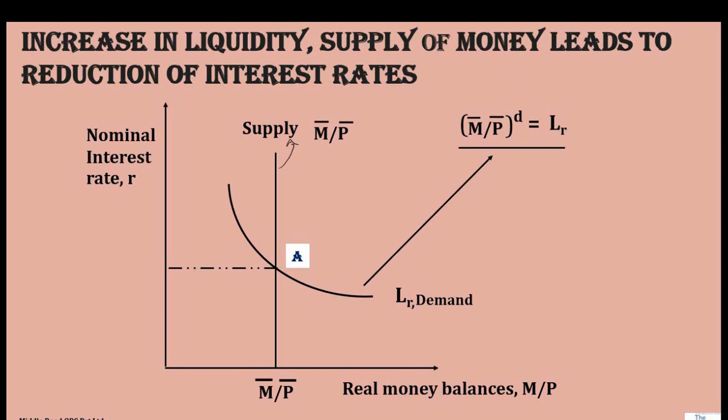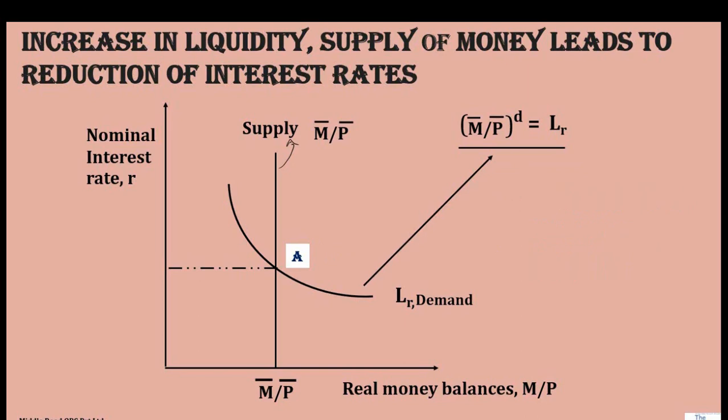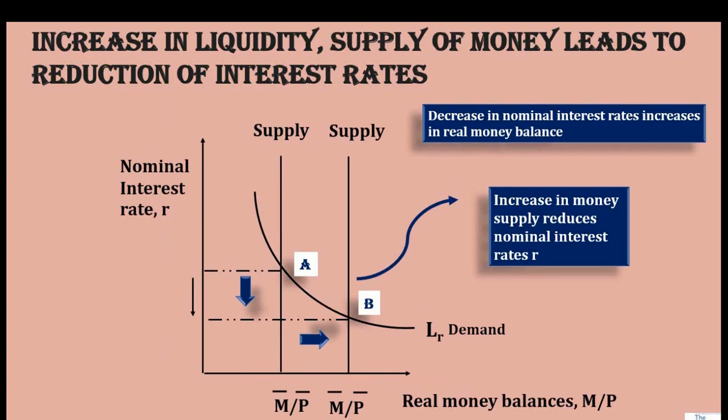The equilibrium, which is point A, is where the real money demanded is equal to real money supplied. In this example, I'm going to talk about what happens when you are adding liquidity into the system. As described above, when you add liquidity into the system, the nominal interest rates are going to reduce because the supply curve is shifting to the right. The supply of real money balances is not dependent on nominal interest rates.